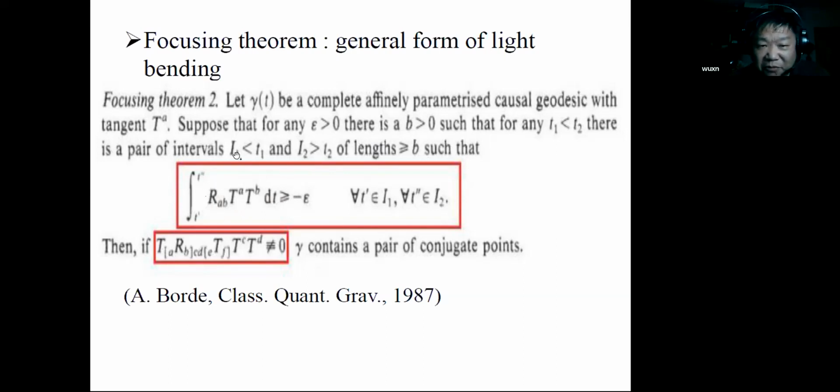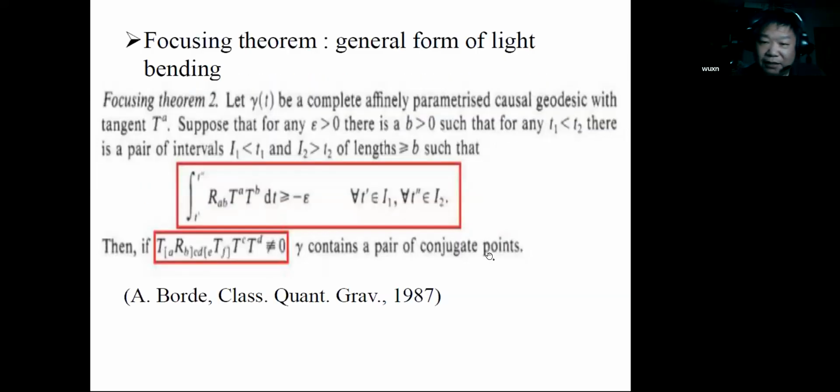Usually we just require that the components of the Ricci tensor should be positive, but here we can allow a small negative part, as long as the total integral along the null geodesics is not too negative. And then we also have something called the generic condition for the Riemann tensor. Then you will see that along this gamma, there is at least a pair of conjugate points.